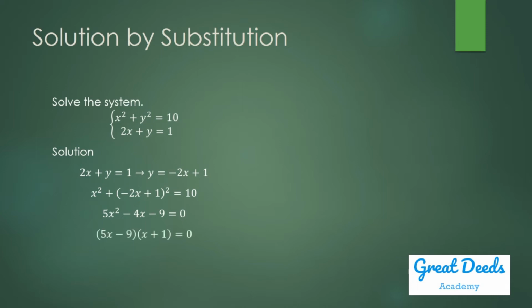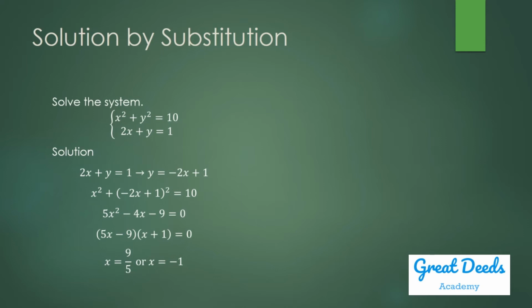Let us verify if this is indeed the factoring of 5x squared minus 4x minus 9. So 5x times x is 5x squared. Negative 9 times 1 is negative 9. Then this is negative 9x, and this one is 5x, and so their sum is negative 4x. So x is equal to 9 over 5, or x is equal to negative 1.